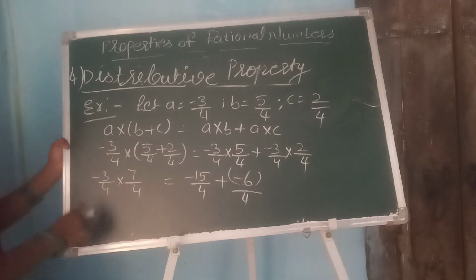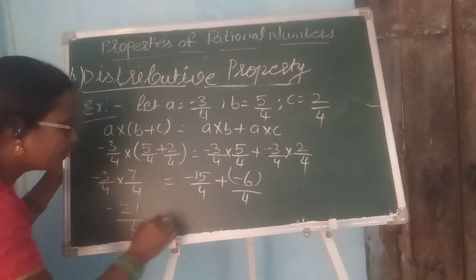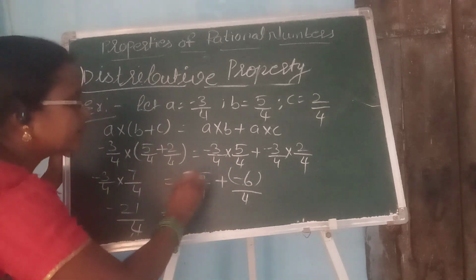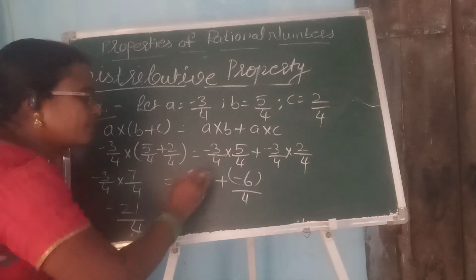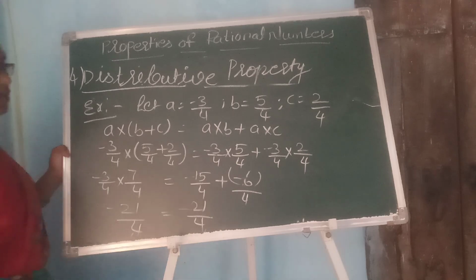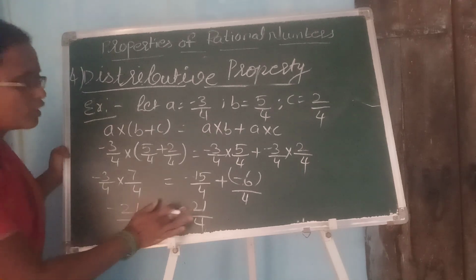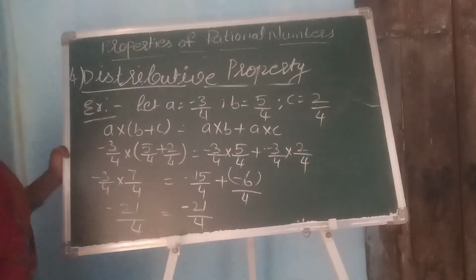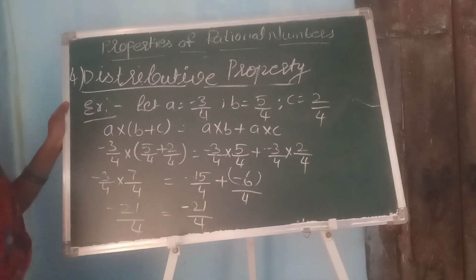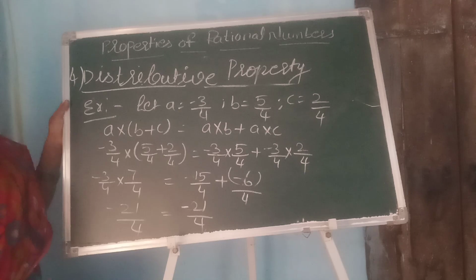So 3 7s are 21, minus into plus is minus, minus 21 by 4 is equal to minus 15 minus 6, minus 21 by 4. So look here, at last we got minus 21 by 4 is equal to minus 21 by 4. Now we observe that the distributive property is satisfied here. Now we can say that rational numbers satisfy the distributive property of addition over multiplication.